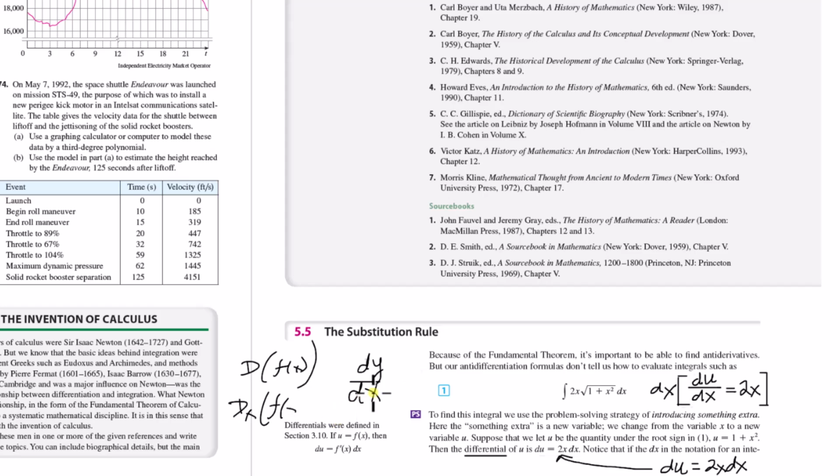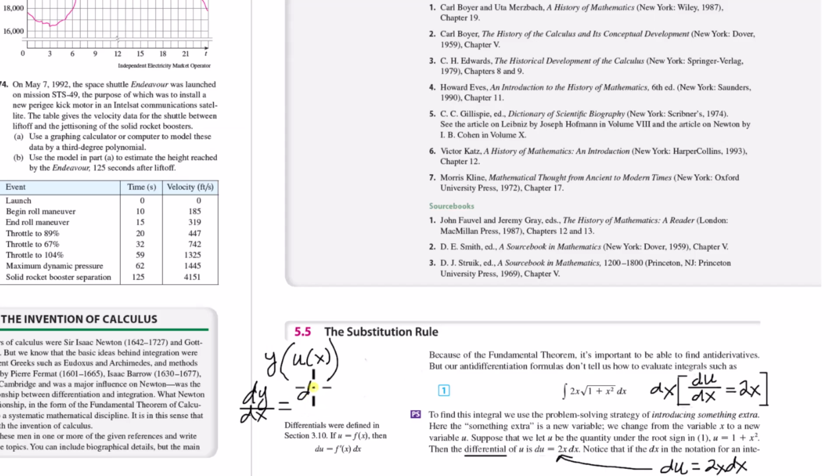Okay? And then we also talked about this Leibniz notation in regards to the chain rule. It was stated that the Leibniz notation is very useful for understanding the chain rule in this sense. So if you have y is a function of u, which is a function of x, and you want to find dy dx, then from the lens of Leibniz notation, it's easy to remember how the chain rule works.